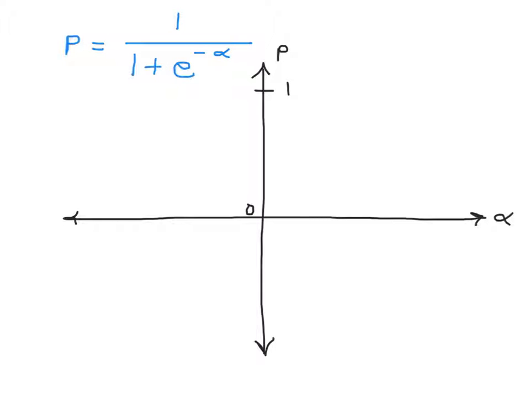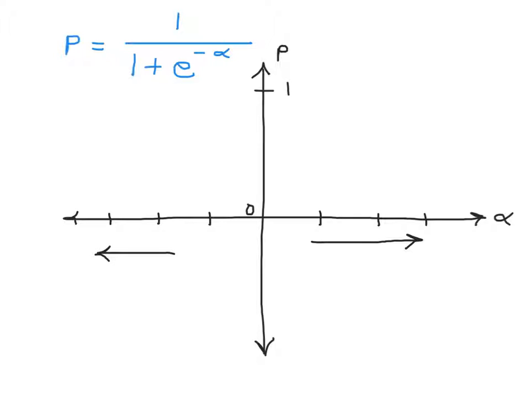What this means is that a probability of 0 is a 0% probability that we will have a true outcome, and a probability of 1 means there is a 100% probability that we will have a true outcome. Now let's look at our x-axis and put some tick marks here. These are our positive alpha values as we move to the right. And to the left of 0, we have our negative alpha values as we move to the left.